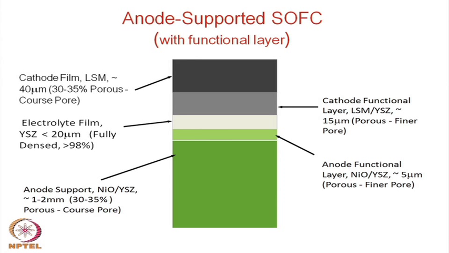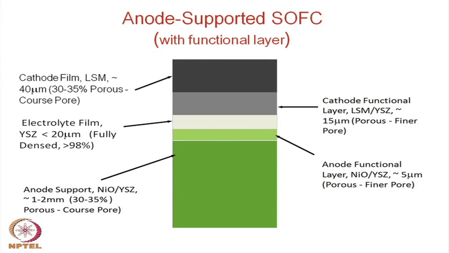The contact area may be enhanced by reducing the pore size. So, the finer the pore, this contact area or triple phase boundary area gets enhanced, and so the number of interfacial reaction sites increases, and therefore, you can have a higher current density.